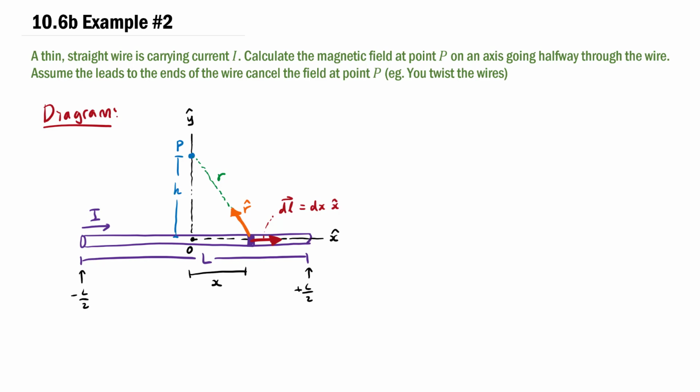Apart from this, there is an angle between r and dl. So if we blow this up, we have dl like this, and we also have our r.